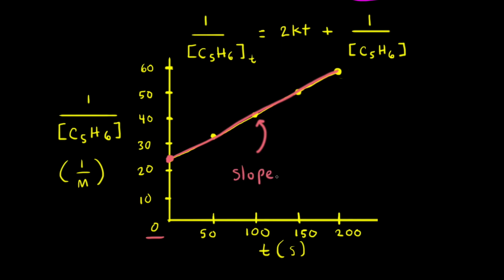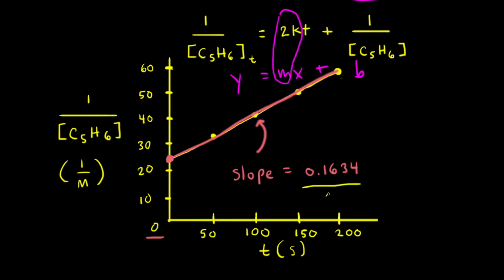And when I used a graphing calculator to find the slope of this line, I found that the slope is equal to 0.1634. Thinking about y is equal to mx plus b, our slope should be equal to 2k. So to find the rate constant k, we need to divide the slope by 2, which gives us 0.0817.